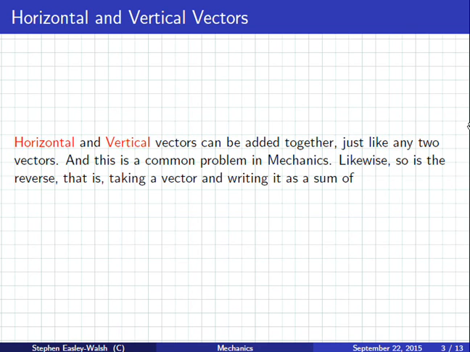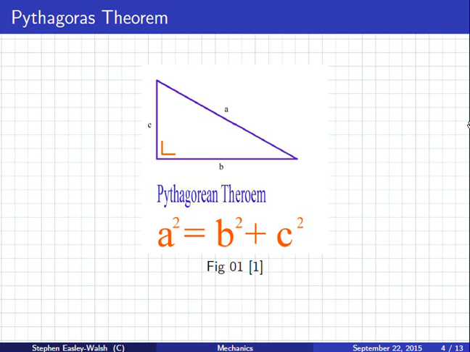That is, taking a vector and writing it as a sum of the horizontal and the vertical. So, in other words, resolving means going backwards from the resultant. So it's enough even just to write that down. Resolving is going backwards from the resultant.